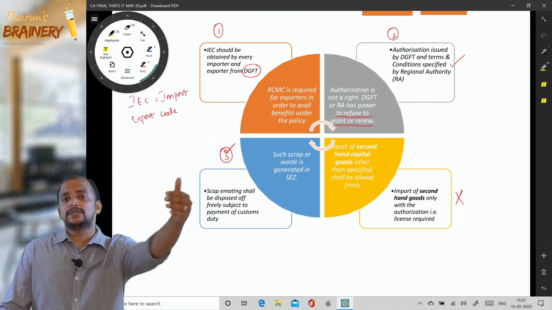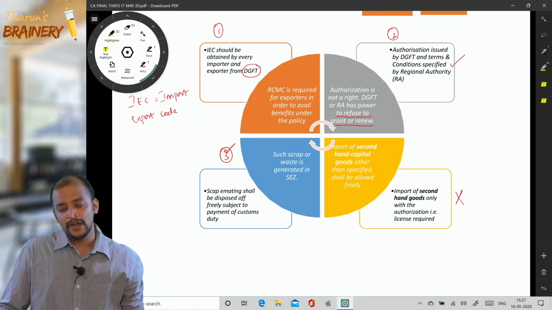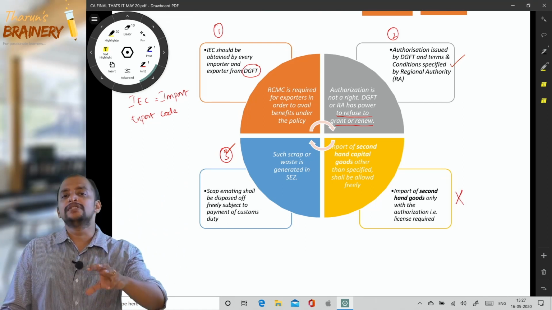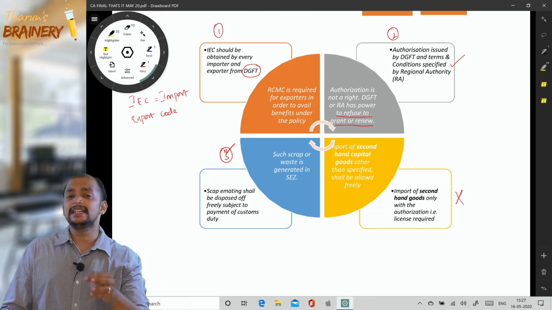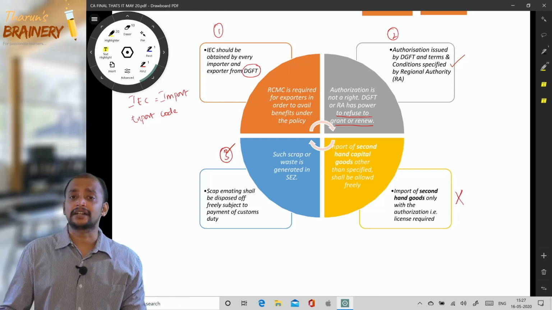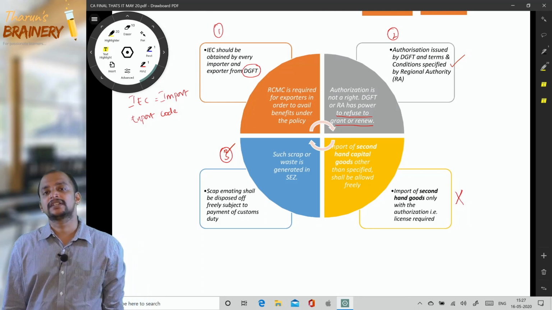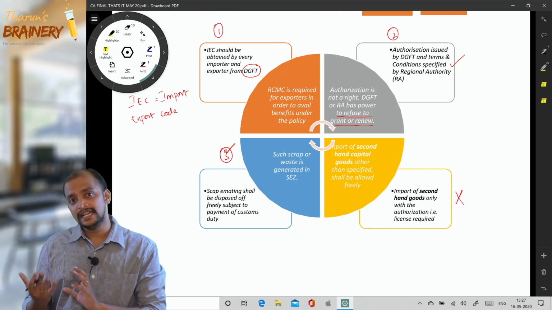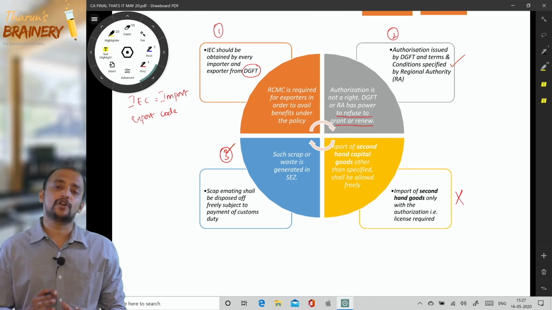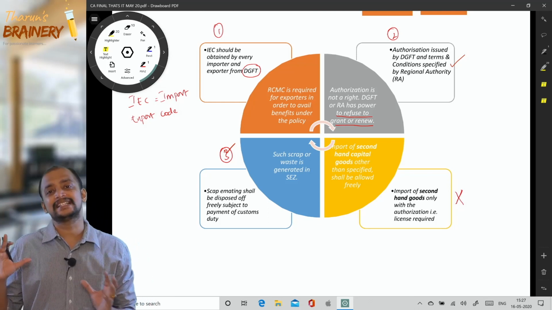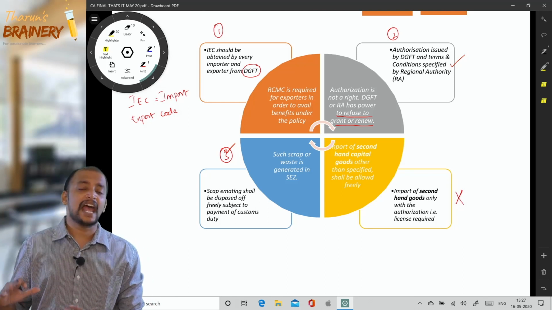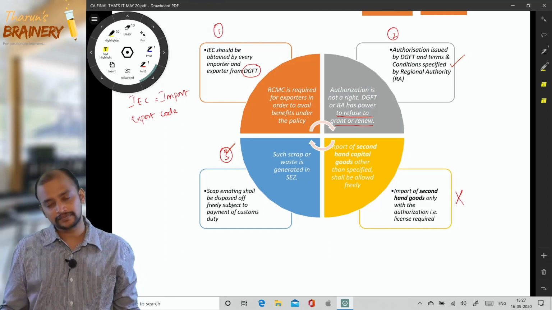Then third point is about SEZ. Whenever there is a special economic zone which is selling goods in DTA, SEZ is governed under SEZ Act 2005. So we don't have any specific provisions related to SEZ in foreign trade policy because we have a separate act called SEZ Act 2005 and that act will overrule anything.